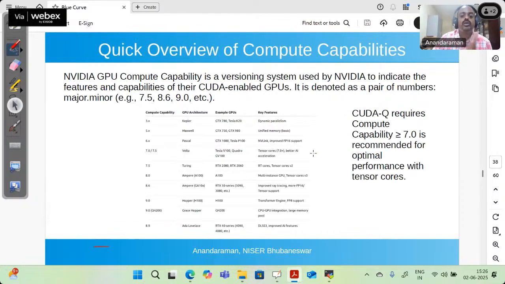We have to use CUDA-Q to simulate a quantum computer, or if there is any QPU integration in HPC, we have to use CUDA-Q.